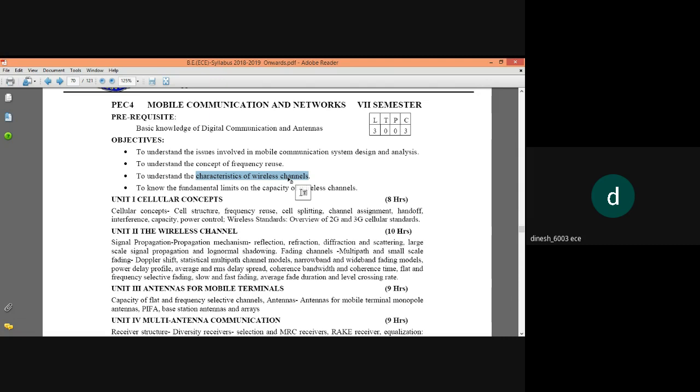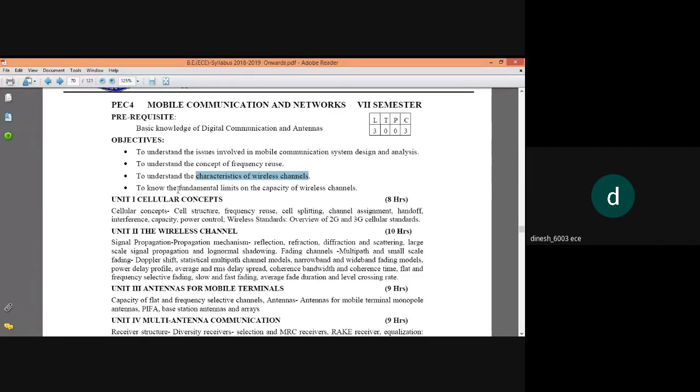If it becomes wireless from wired, it possesses some characteristics. So what are they? That we are going to estimate, analyze and study. So that is the third objective, to understand the characteristics of wireless channels.